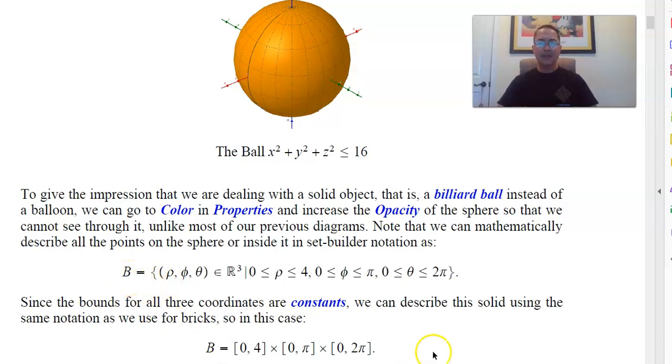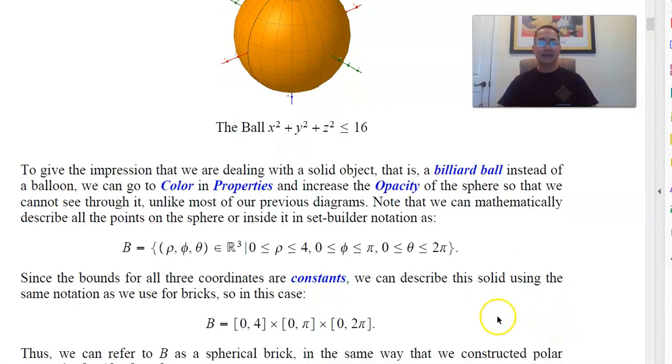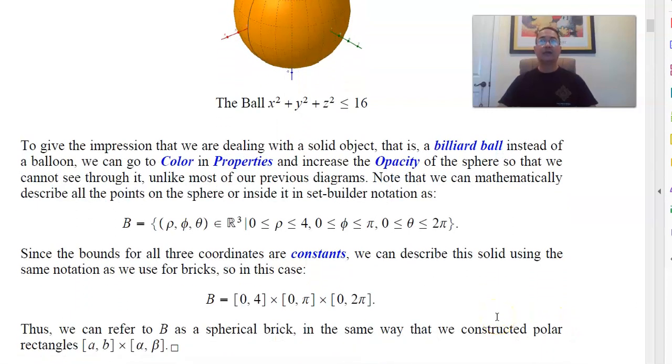Remember back in the start of chapter 3, we started with creating triple integrals over solid bricks. Remember it was A, B, C, D, R, S. We can use the same notation here to create a solid ball.